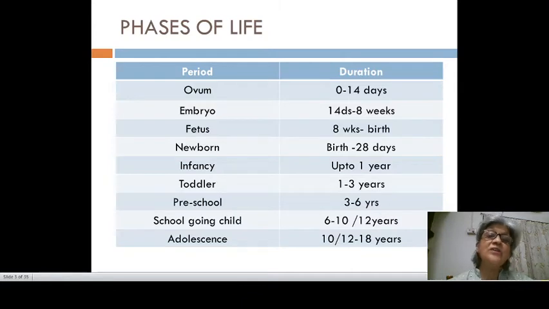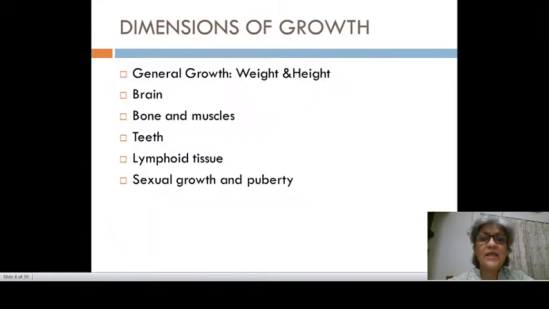Why are we talking about all these stages? Because at every stage, it's not just that the size of the individual has increased, but the proportions, the appearance, the growth of various parameters have also changed. What do I mean by all this? There are different dimensions of growth, not just size.